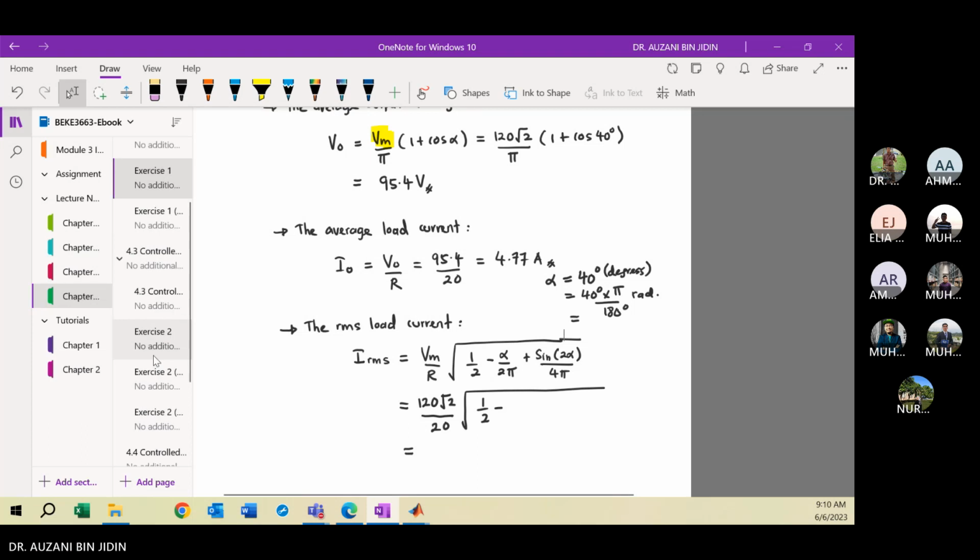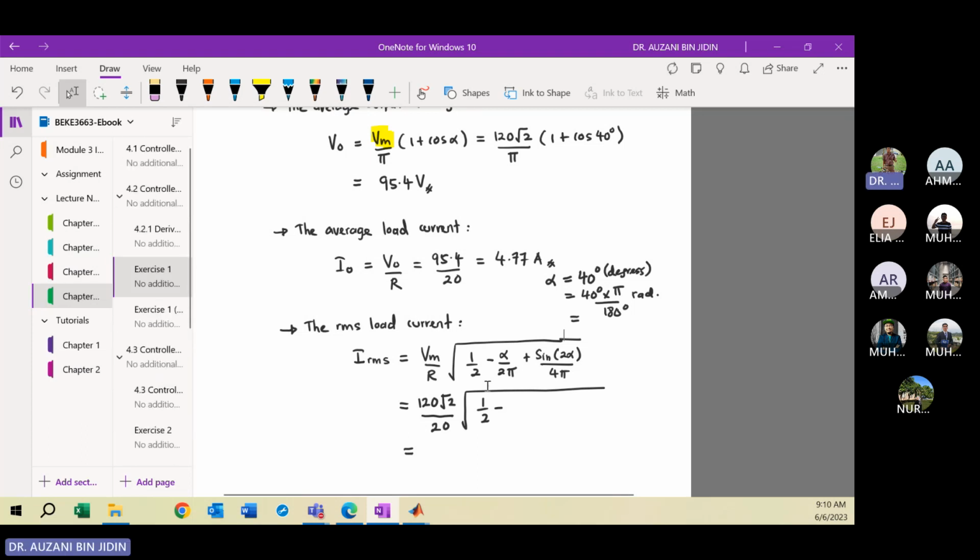Alpha in radian is 0.698 radian. Then 0.698 divided by 2 pi, then you plus the sine.